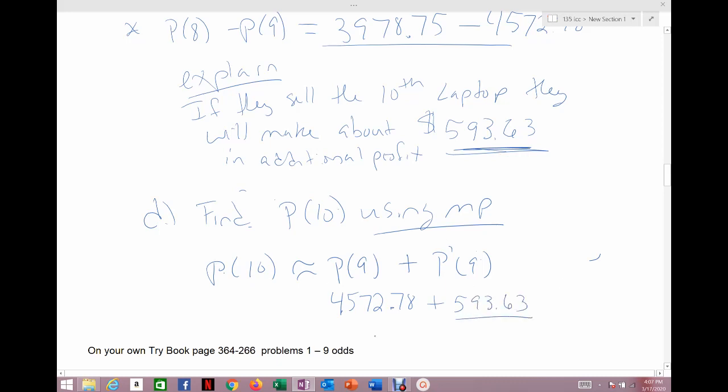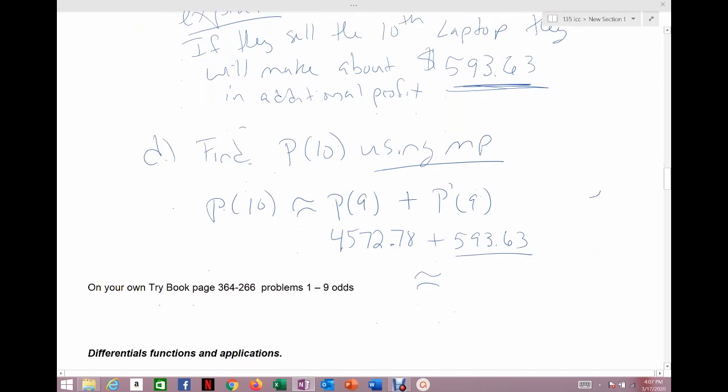And so if you add those up, it's about $5,166.41. And so that's, using marginal analysis, what they'll make when they sell 10 laptops.